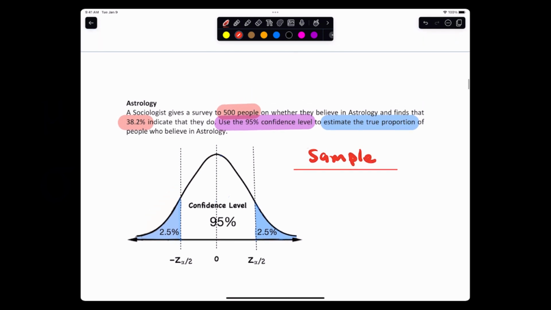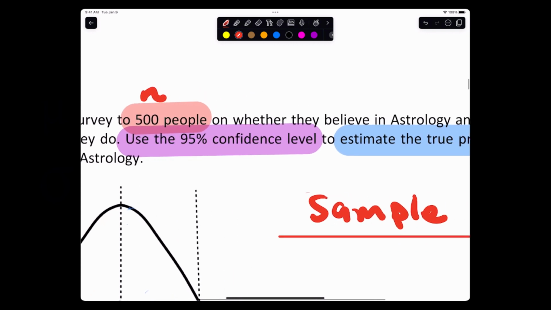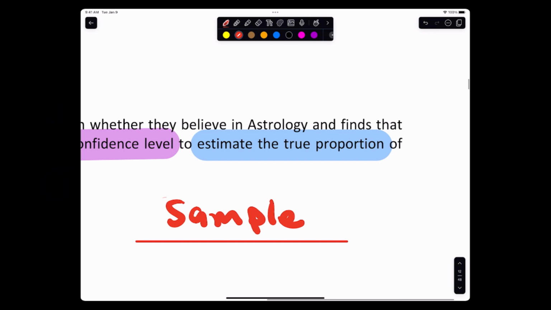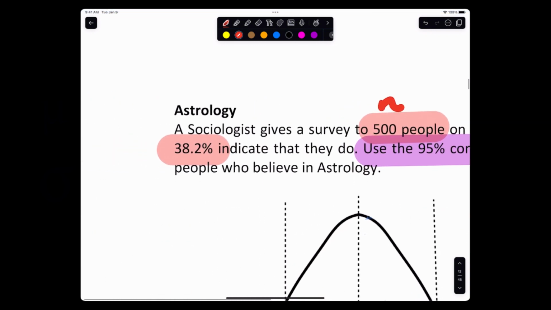What did they say? A survey of how many people? Remember, a survey is a sample. Is that your sample size? They gave the survey to 500 people. That's a sample size. And 38.2% indicate they do, so that's our sample proportion.